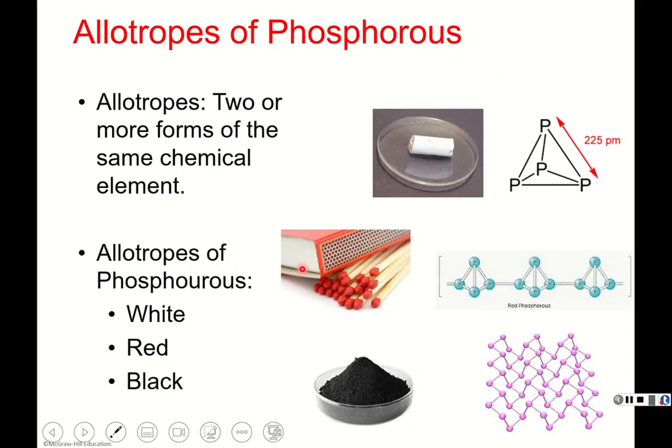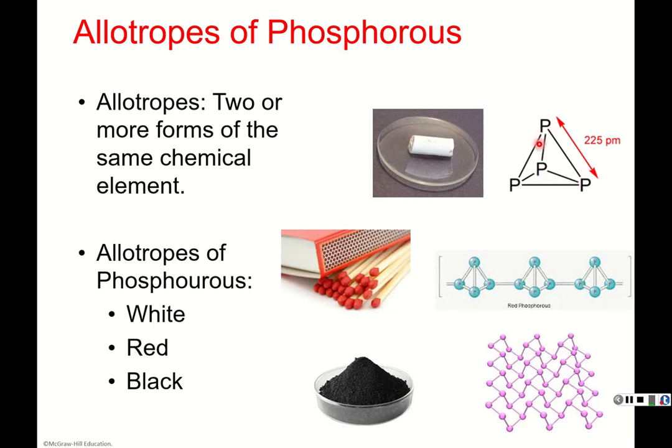Okay. Moving down in that group, the next element would be phosphorus. Phosphorus has 3 allotropes. Okay, most common is P4, and it's in this sort of tetrahedral shape where all vertices of that tetrahedron have phosphorus on them.